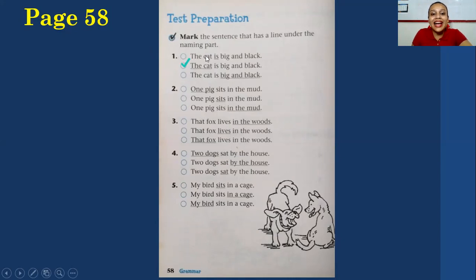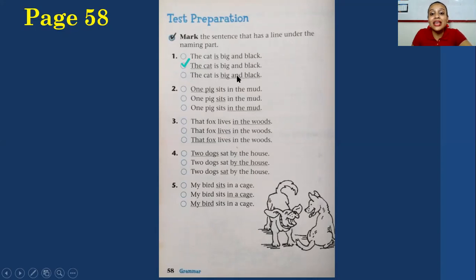Example, the cat is big and black. So is it a naming part or a subject? The cat is big and black. Look, the cat is underlined. So now this is telling me who? Yes. Is this telling me who or what? Yes, the cat. So the cat is the subject. That's why I wrote a check mark here.